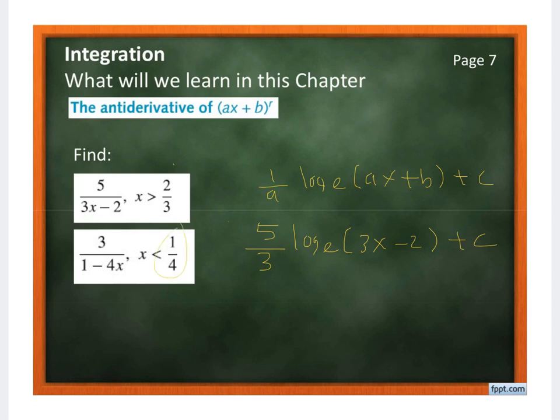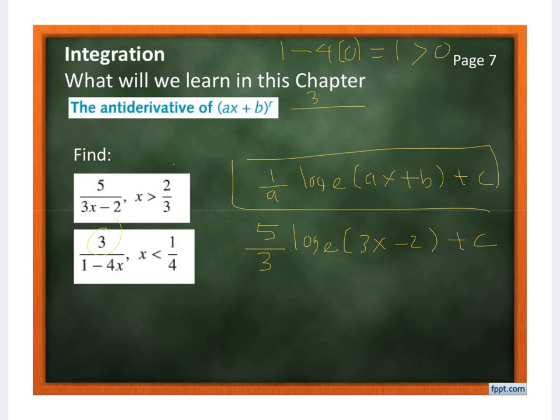Smaller than 1/4 can be 0, can be negative 1, can be negative 2. We take, for example, 0. 1 minus 4 times 0 equals 1. 1 is also bigger than 0, so we use this formula. It's 3 here, so you write 3 over the a.